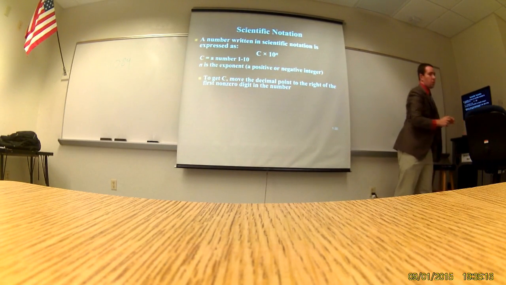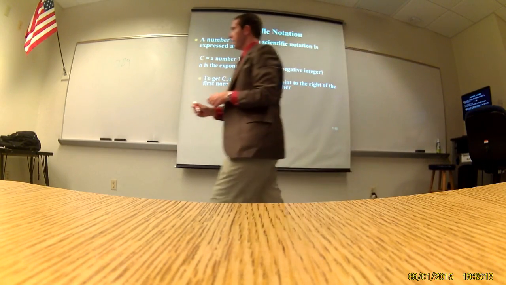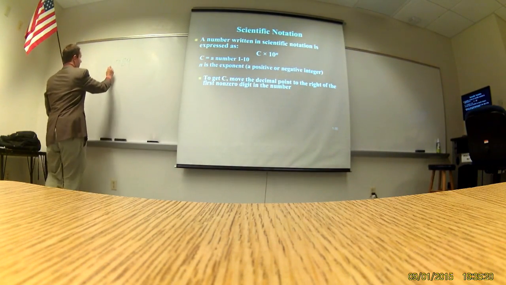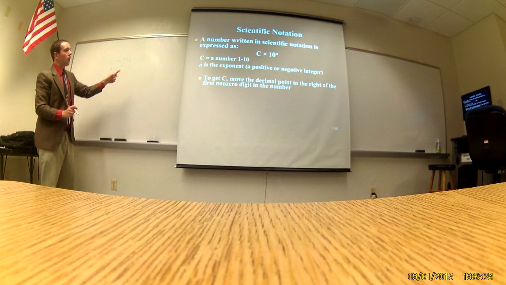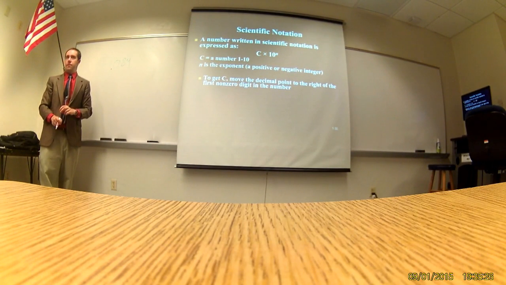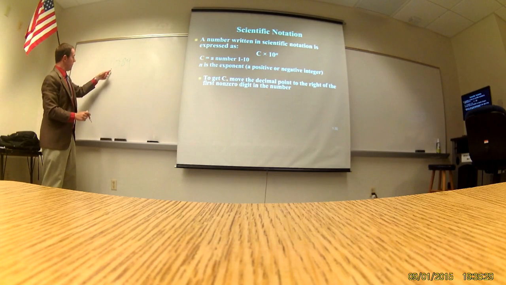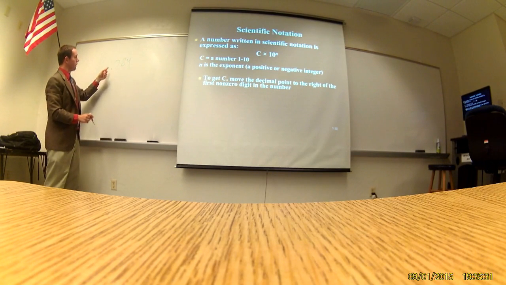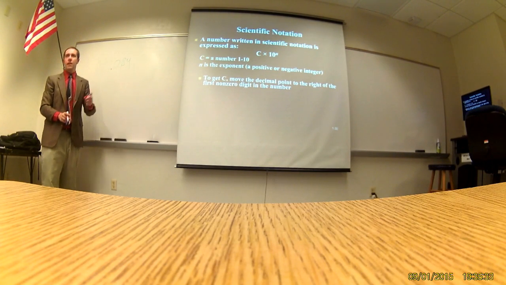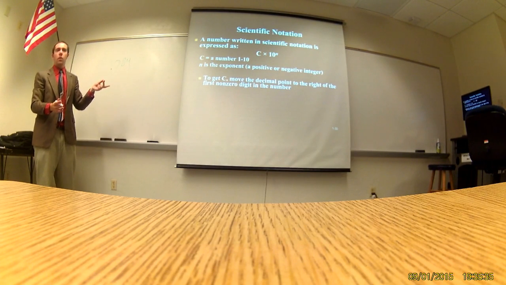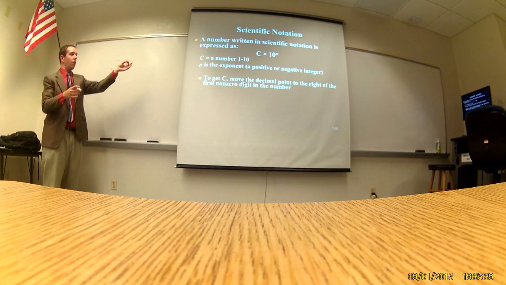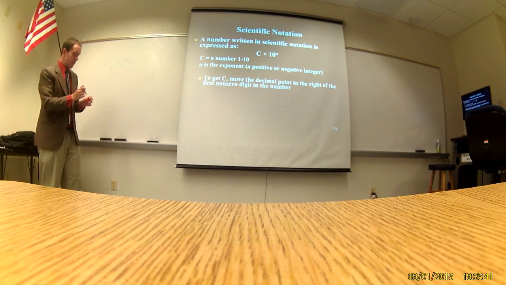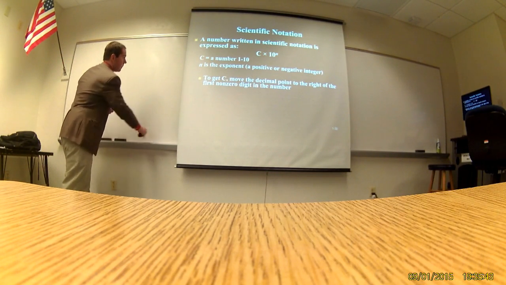So where is my decimal point going to go? To the right of the 1. Does this number fall between 1 and 10? Yes. If you put that decimal point to the right of the first non-zero, it is always going to fall between 1 and 10 by default. You cannot possibly not fall between 1 and 10.